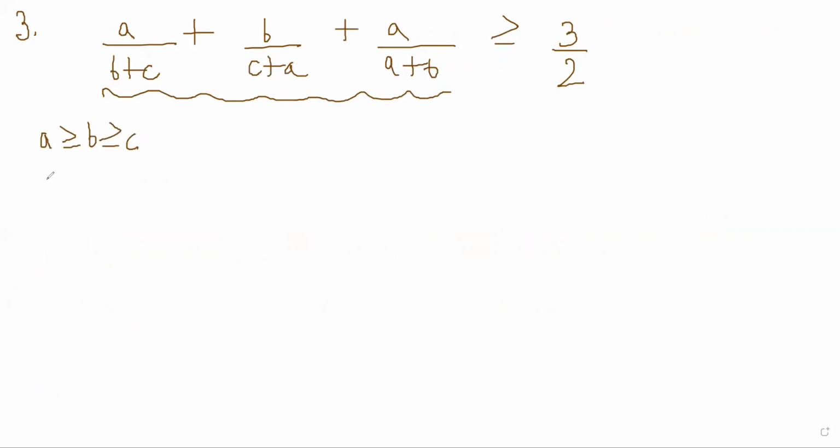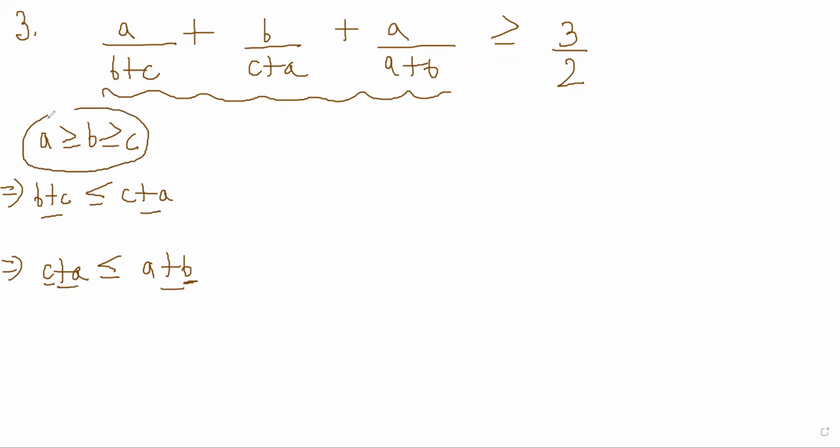That means that B plus C will be less than or equal to C plus A, because A cancels and you know that B is less than or equal to A. It also implies that C plus A is less than or equal to A plus B because C is less than B. So we have B plus C is less than or equal to C plus A is less than or equal to A plus B.